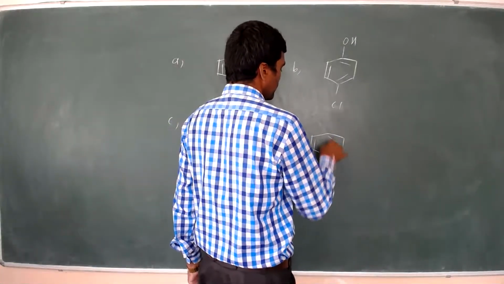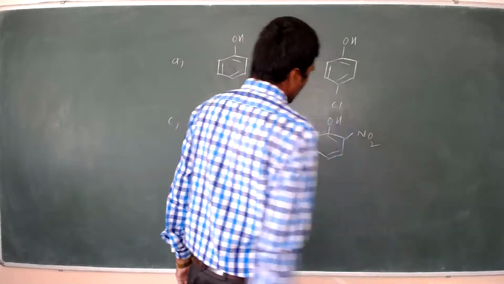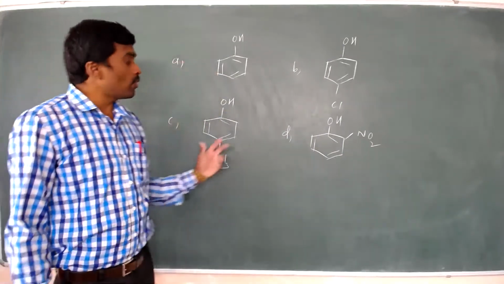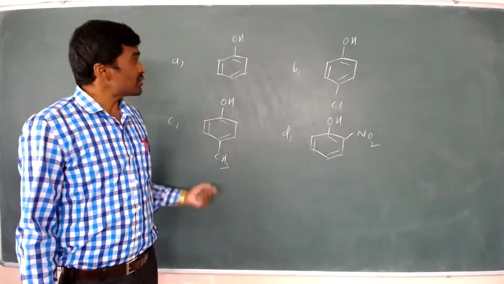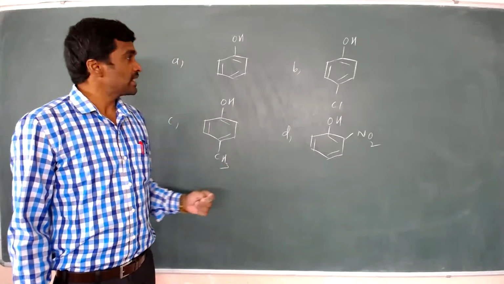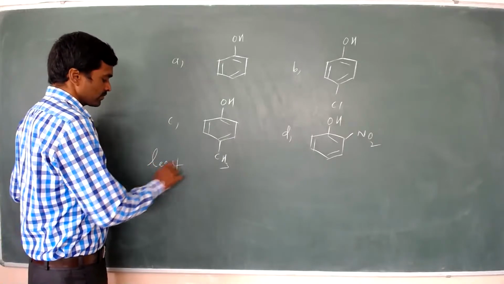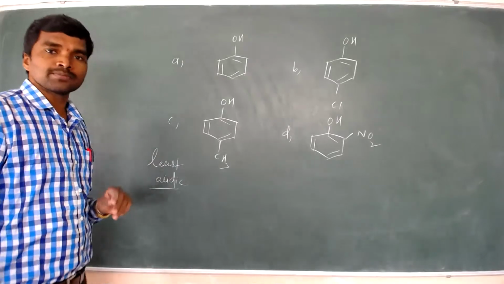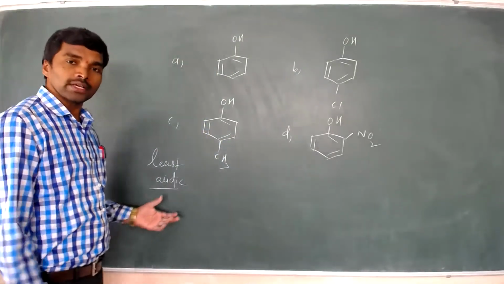Option D, orthonitrophenol. In the given four options, if they ask which of the following is least acidic, now see, which of the following is least acidic?